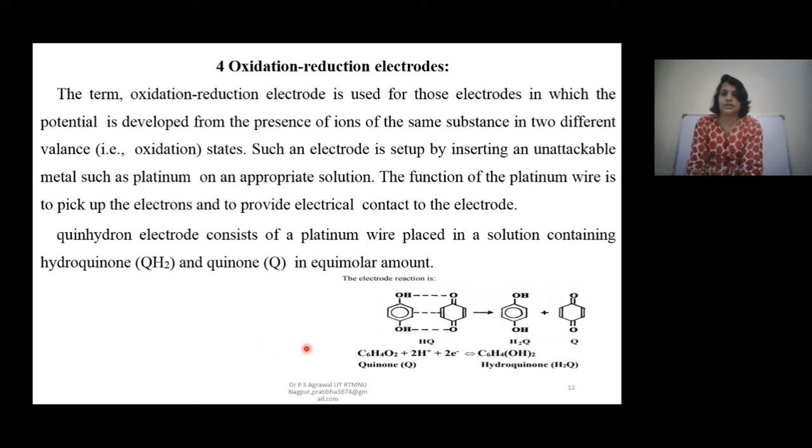The electrode reaction is like this. We can't really observe this electrode, because you just keep the platinum wire in the solution and add a pinch of solid quinhydron. Don't try to dissolve it, it will not dissolve. It will simply interconvert into quinone and hydroquinone, giving rise to both oxidation and reduction reactions.